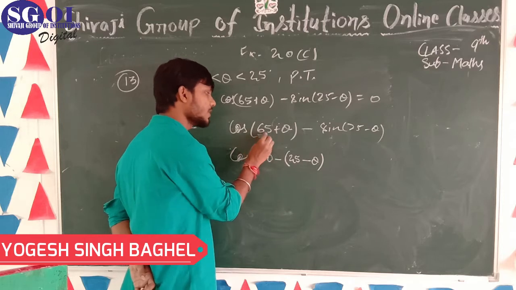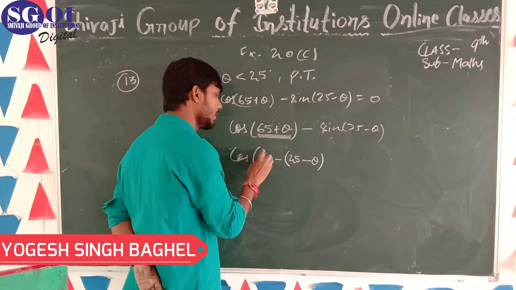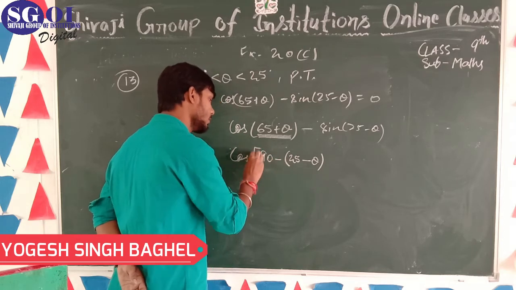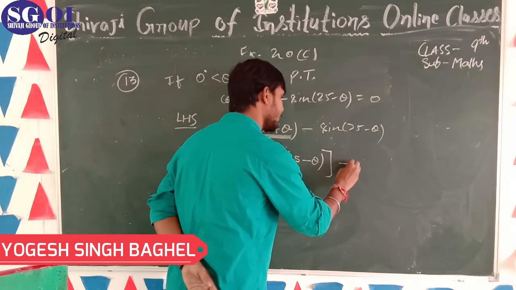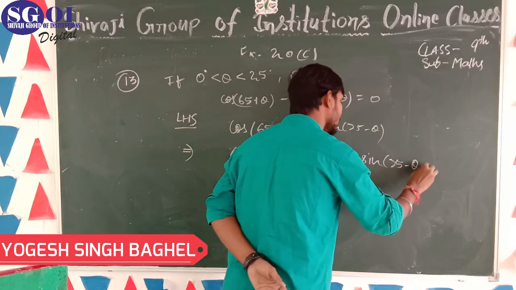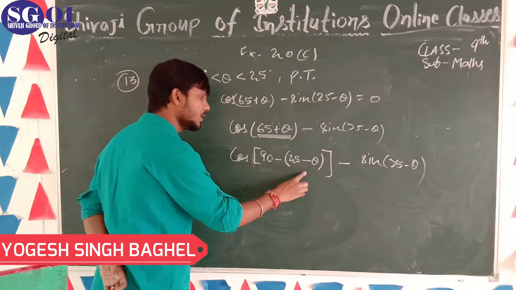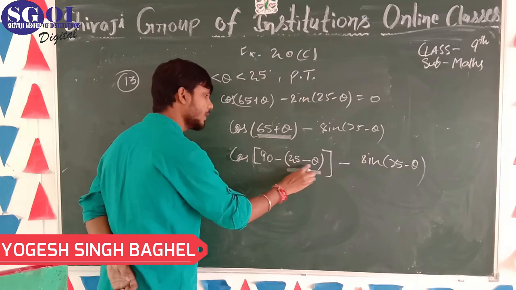So in place of 65 plus theta, we can write 90 minus in bracket 25 minus theta. Clear? And the rest is sin 25 minus theta. Now see here, it is cos 90 minus theta, where in place of theta it is 25 minus theta.